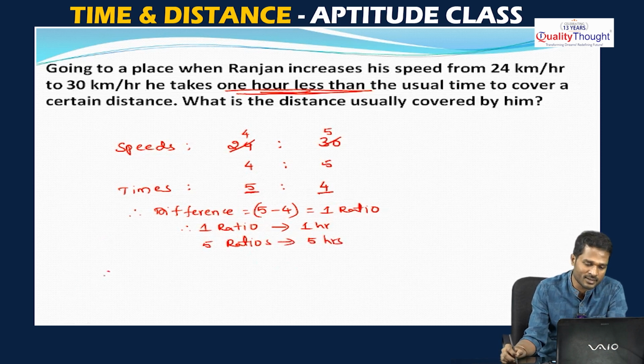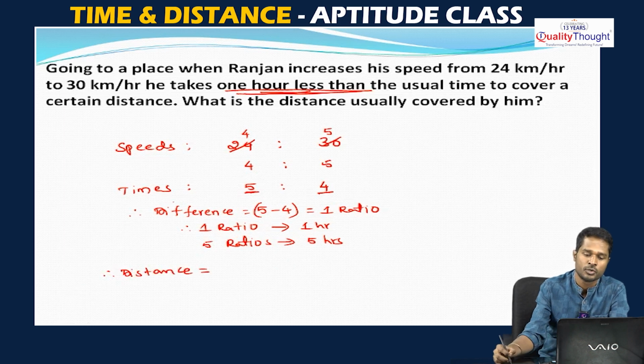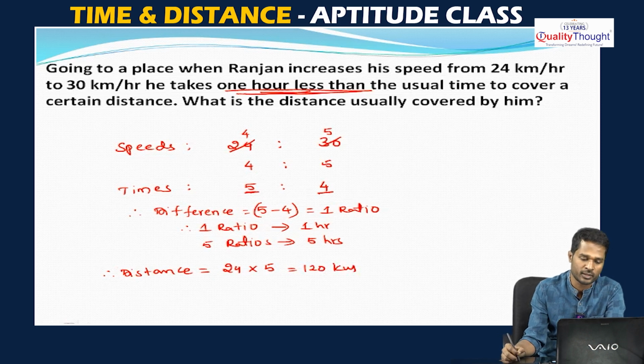Distance is speed into time. So the speed in the first scenario is 24 kilometers per hour and the time taken is 5 hours, so 24 times 5 is 120 kilometers.